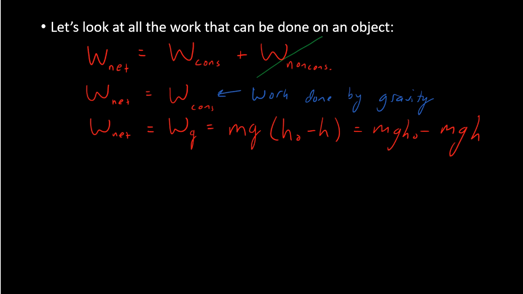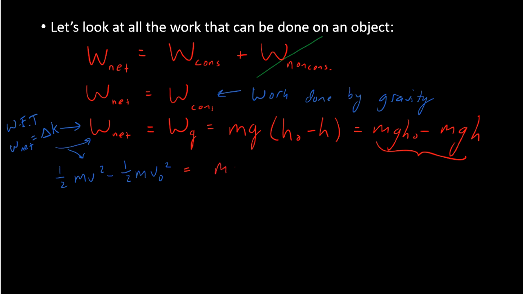Remember though, we had this thing called the work energy theorem. The work energy theorem says W net is equal to the change in kinetic energy. So for here, I'm going to put 1/2 mv squared minus 1/2 mv naught squared. That's equal to this thing, mgh naught minus mgh.